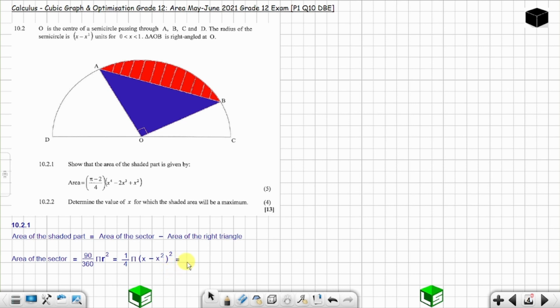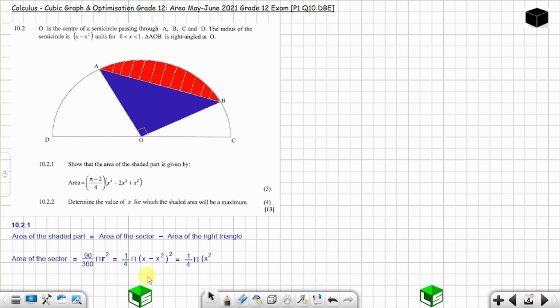This is equal to 1 over 4 pi, okay? And then you can expand this bracket. You have x squared, right? And then you have this times this, x times negative x squared. This will be negative x cubed times 2.